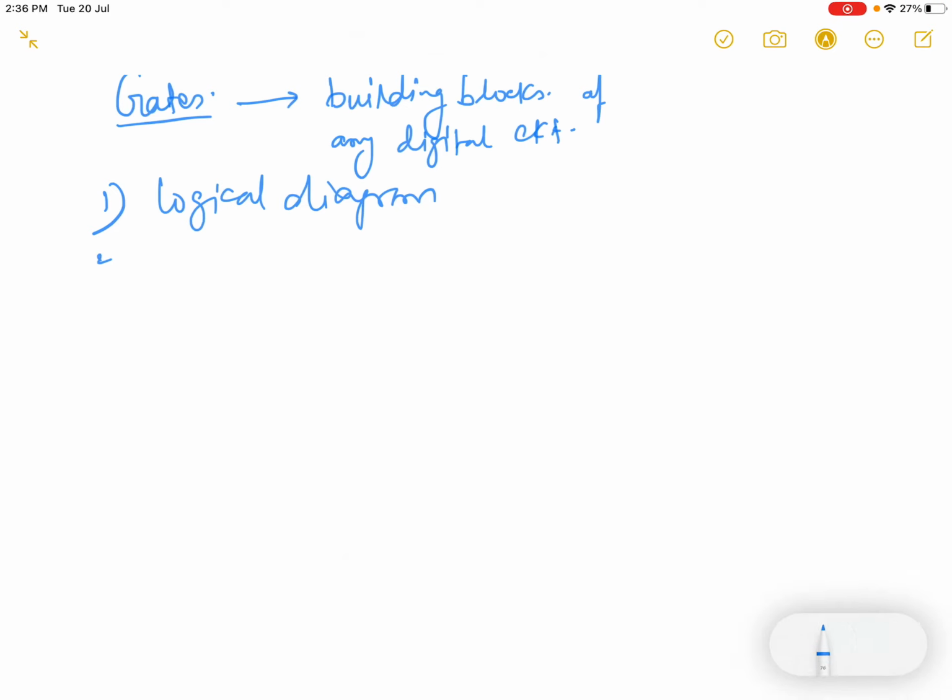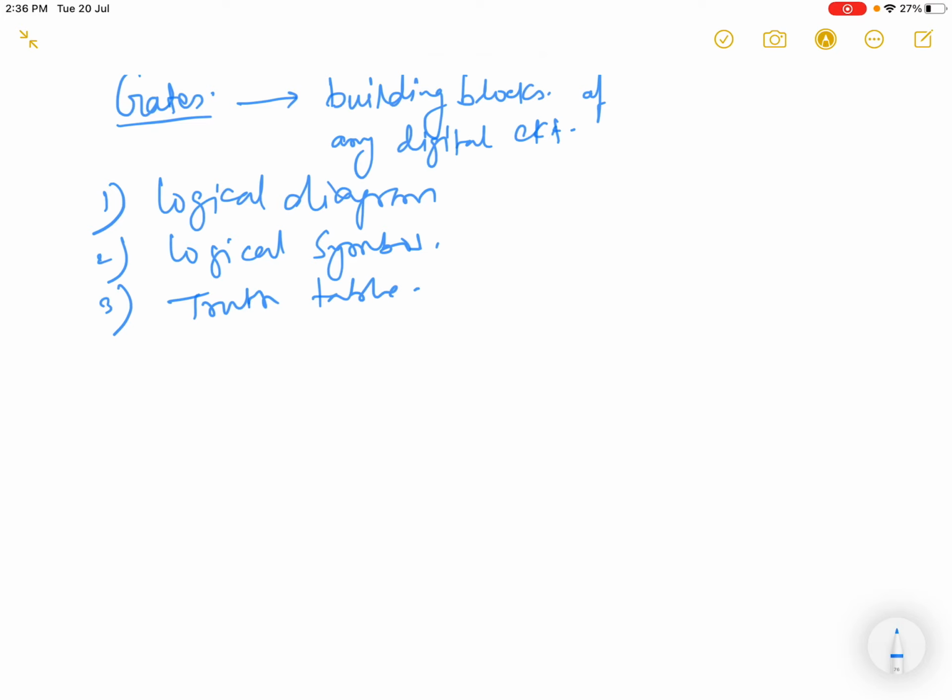Second is the logical symbol. And very important is the truth table.